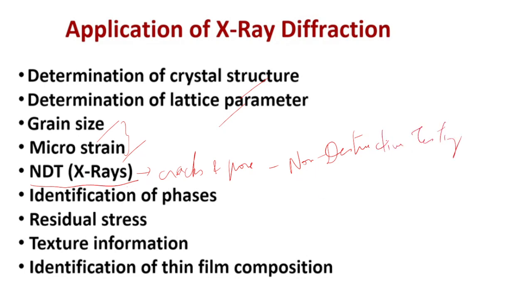Sir, why was it called radiographic testing? Radiographic usually refers to using electromagnetic radiation for imaging. So that's why it's usually called radiographic tests. It's not using radio waves. It has nothing to do with radios. That's usually a problem.